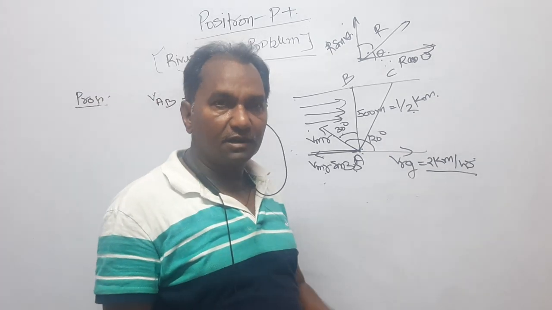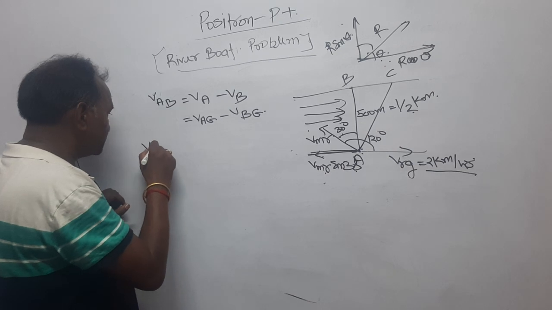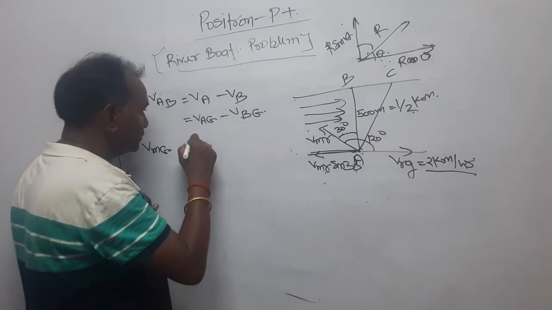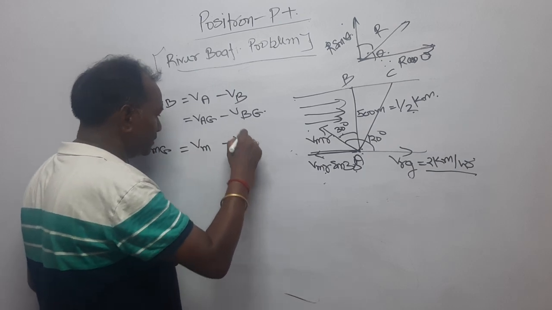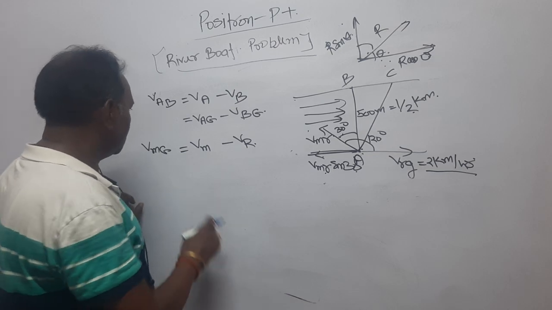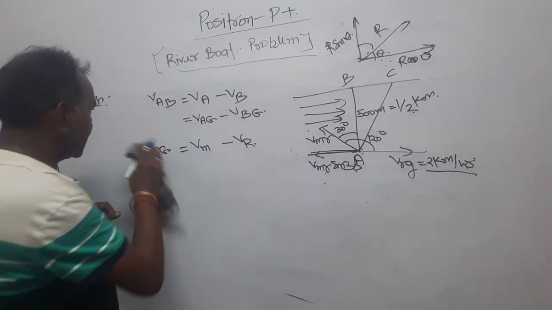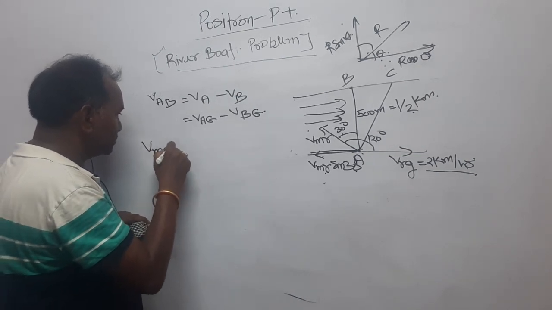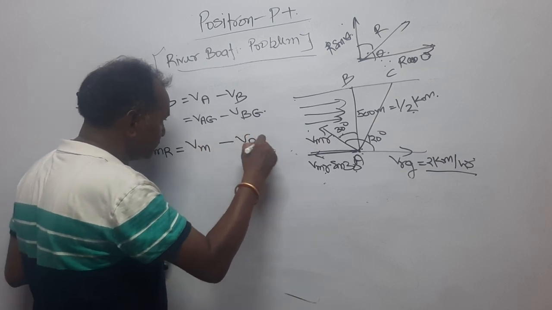In a similar way, you can write velocity of man with respect to ground. You can write velocity of man minus velocity of river, right? Take the velocity of man with respect to river, that is velocity of man minus velocity of river.